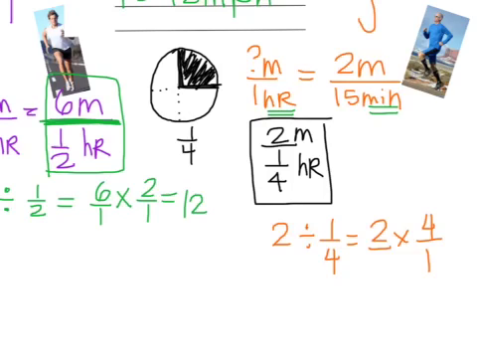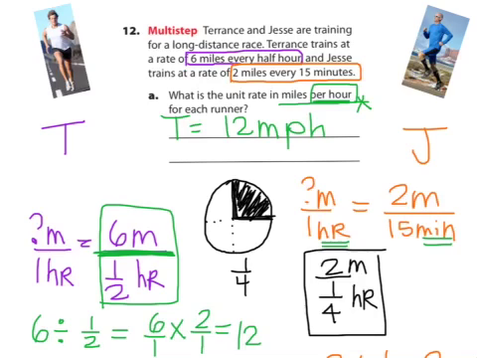The 2 needs to be a fraction, so I'm going to put a 1 under it. 2 times 4 is 8. 1 times 1 is 1. Now I know that Jesse runs 8 miles per hour. I'm going to write Jesse's on the line, 8 miles per hour.